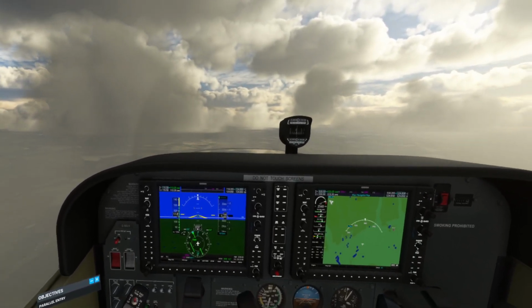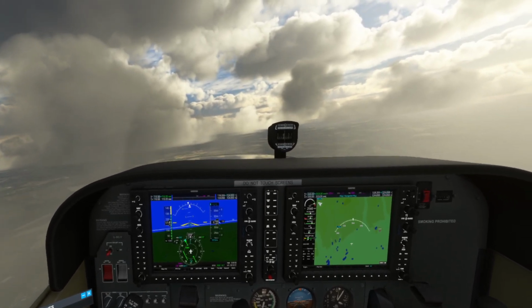Okay, now make a right-hand turn back to Southampton VOR and set us up for a parallel entry.